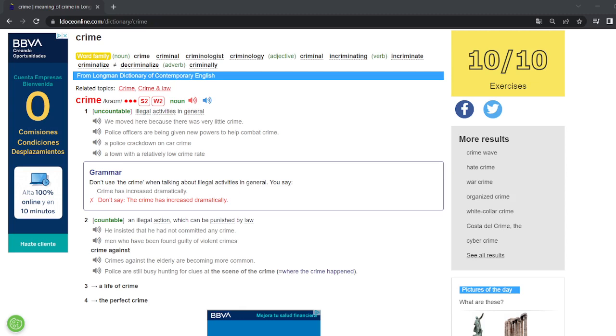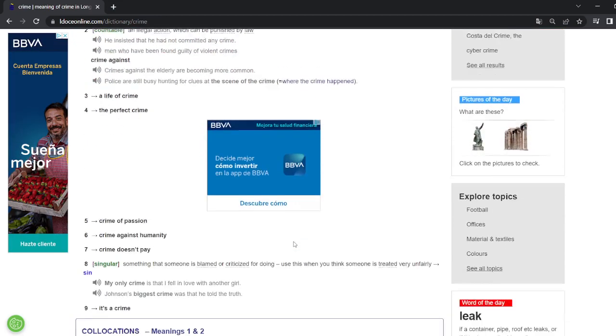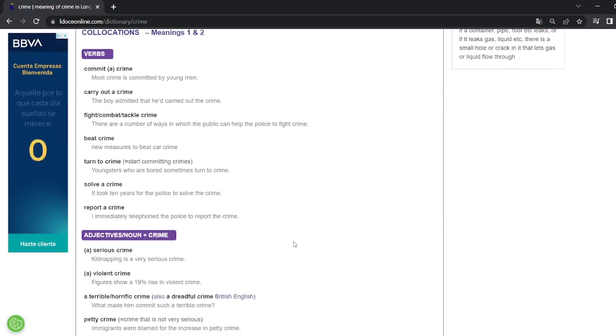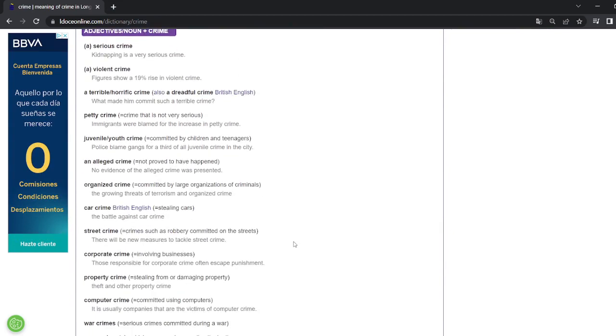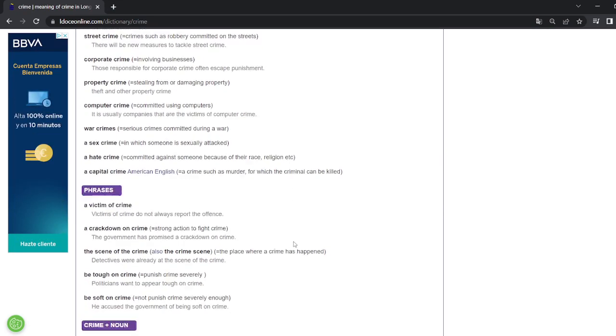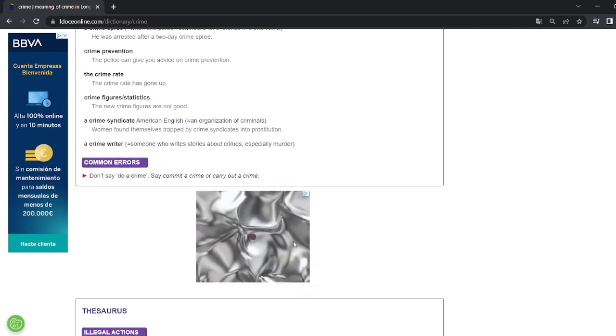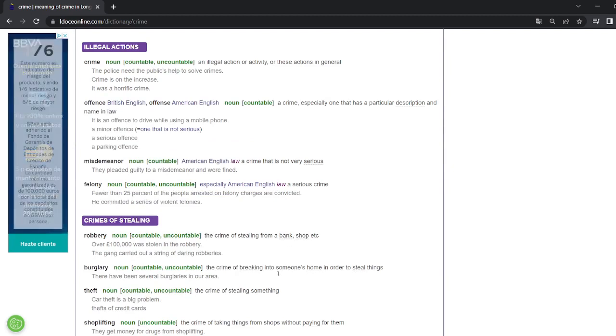And they're asked to examine all the information that they can find there. They have grammar information, they have examples, they have collocational boxes with different grammatical category collocations, phrases that are created with the word crime, and the thesaurus with a wide range of information.